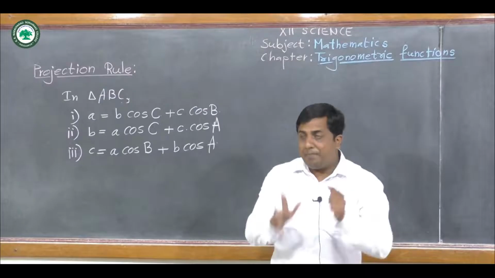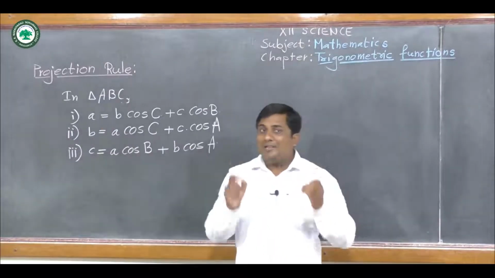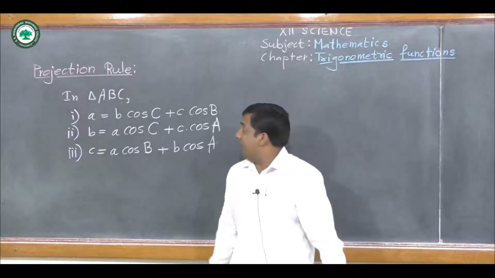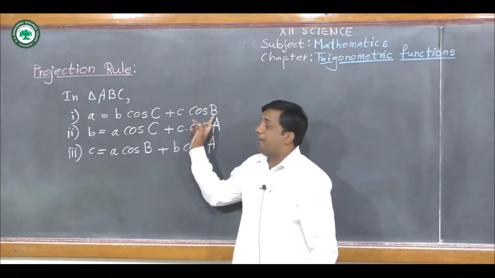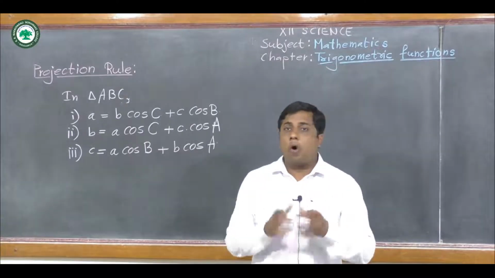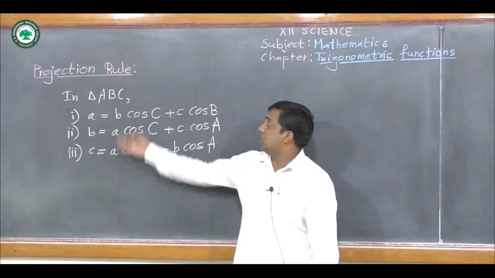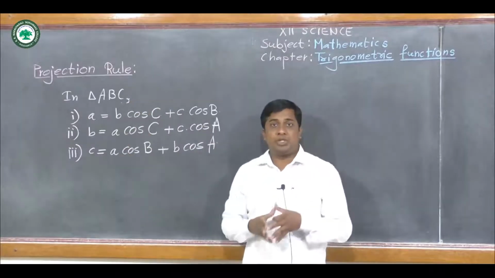Again, remember that small a, b, c are the lengths of the sides and capital A, B and C are the angles of the triangle.